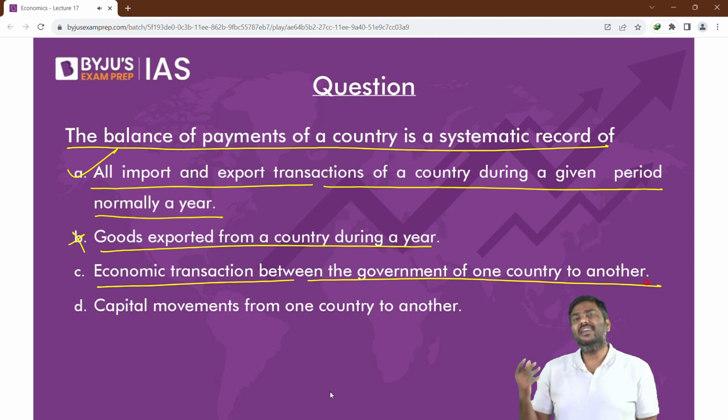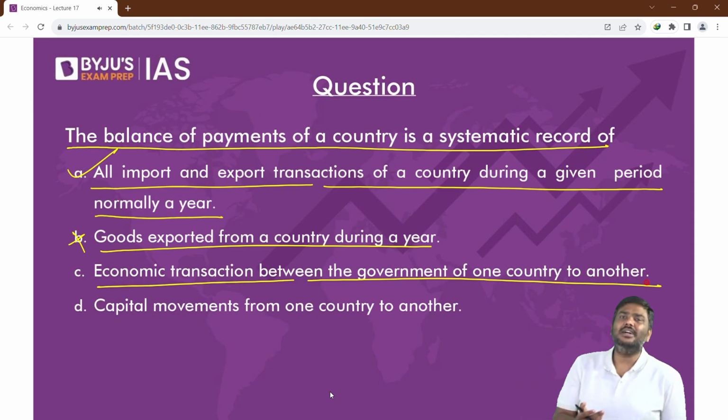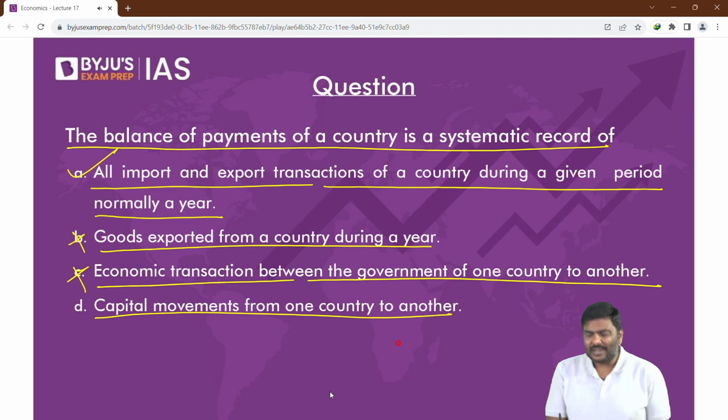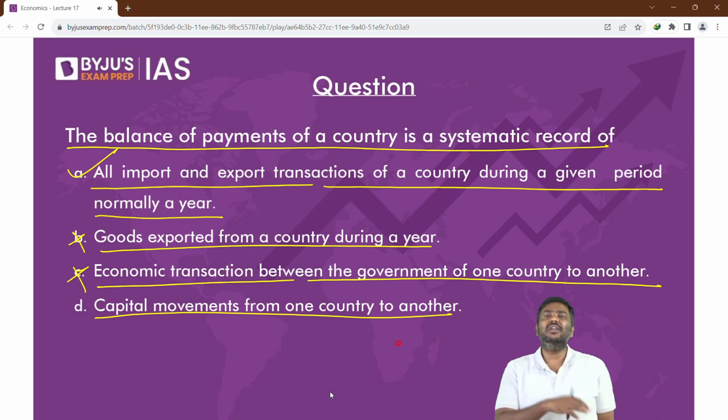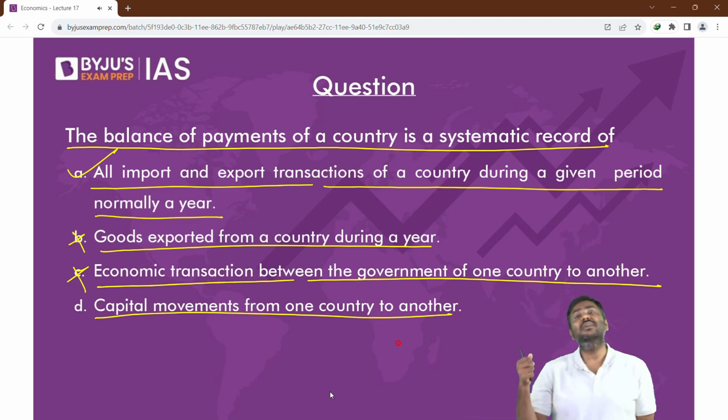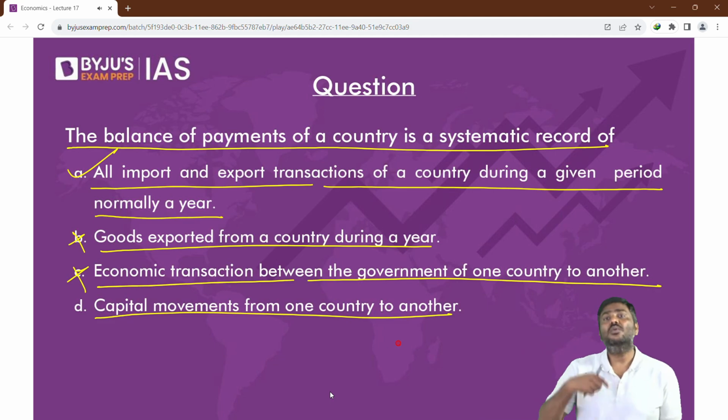Do you think transaction between government of India and government of USA is balance of payment? No. What about imports? What about exports? What about remittances? What about investment income? Where is all that presented? So C is wrong. Part of the transaction, not the complete balance of payment.